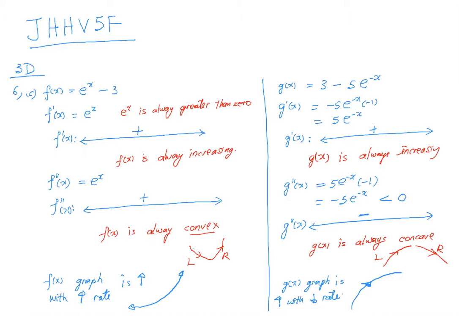So I answered part C already. Can I move to part D? So from the sign diagram, we know that fx is increasing with increasing rate, and gx is increasing with decreasing rate.